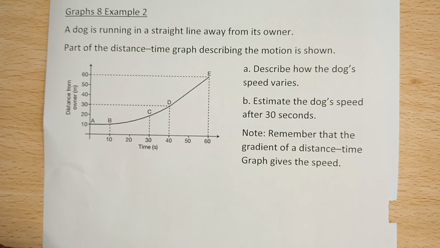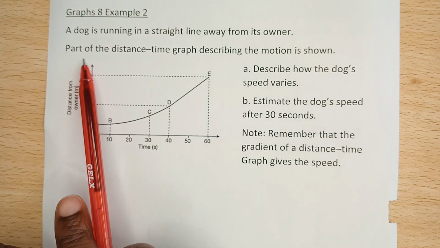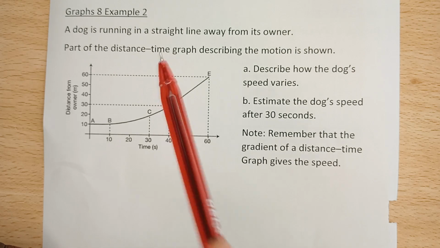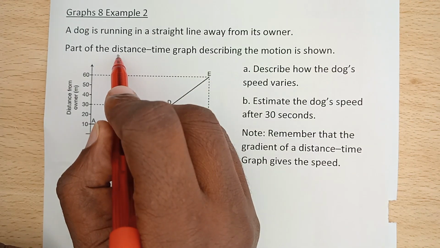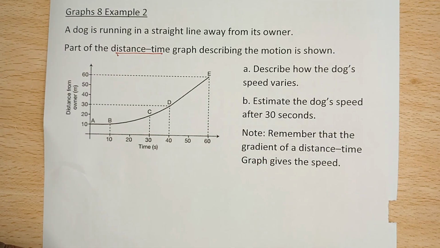In this video I want us to explain example 2 of graphs 8, where we're still dealing with gradients. We are told that a dog is running in a straight line away from its owner. Part of the distance time graph describing the motion is shown.